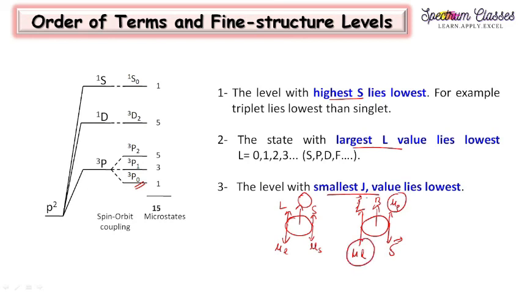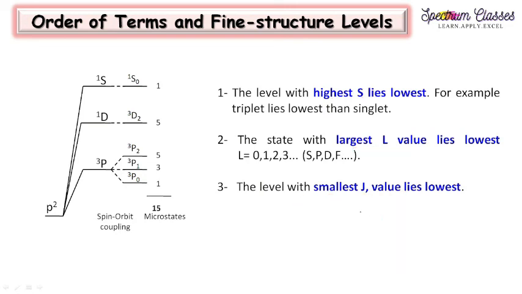So when L and S are opposite in direction, we get the lowest value of J. So this lowest value of J is of low energy. This is the reason actually, but you can memorize it as strong coupling of S, strong coupling of L, and small coupling of J.